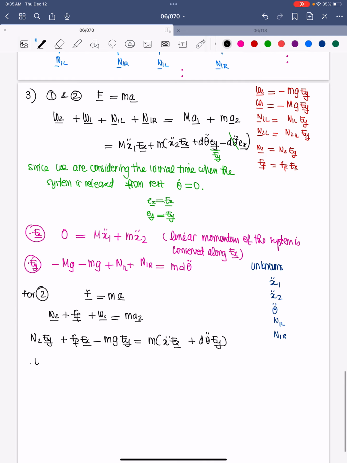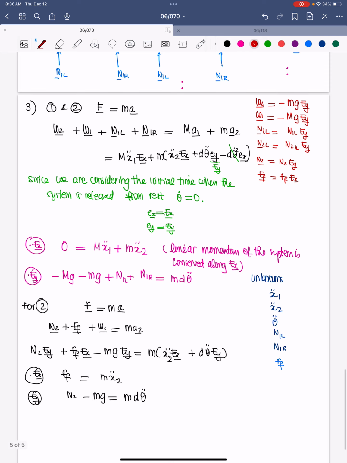So dotting with Ex, we get that the friction force is equal to m x double dot 2. So here we added an equation, but we also added an unknown, which is the friction force. And dotting with Ey, we will get that N2 minus mg is equal to m d theta double dot. So we added an equation and did not add unknowns, so we're good.